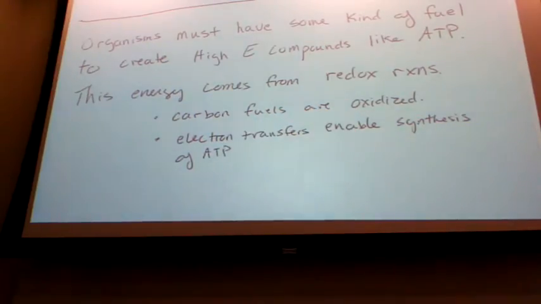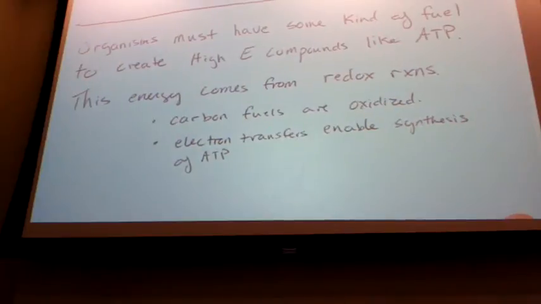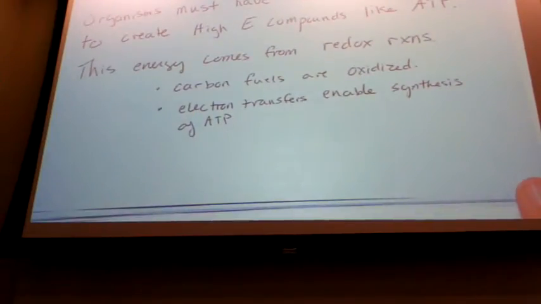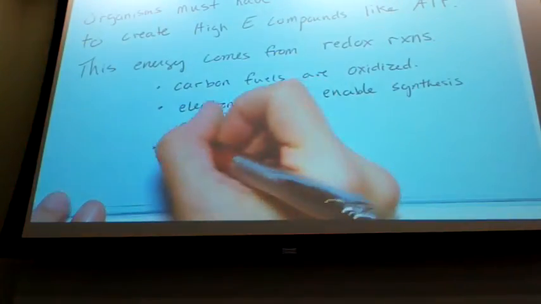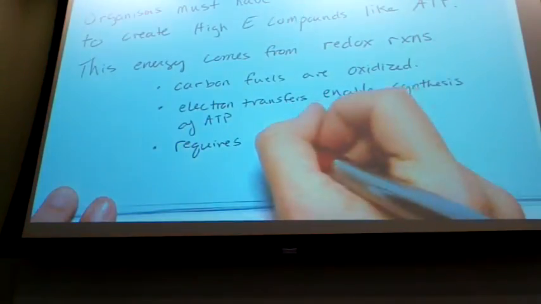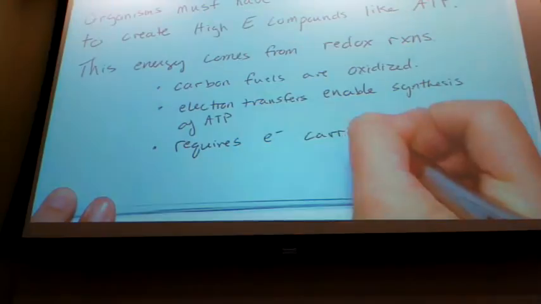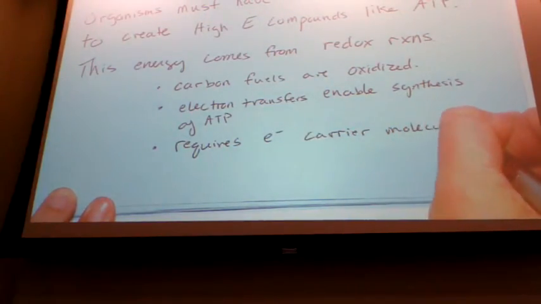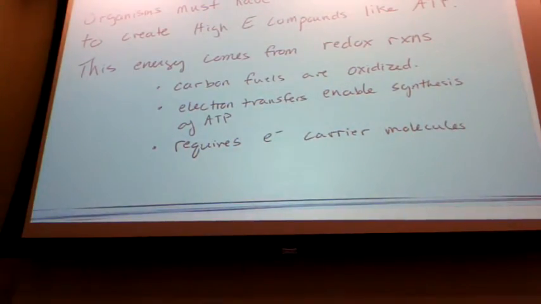And like I said before, ATP is used to make GTP, CTP, UTP, all those other triphosphates. Okay, this requires electron carrier molecules that you will need to know.